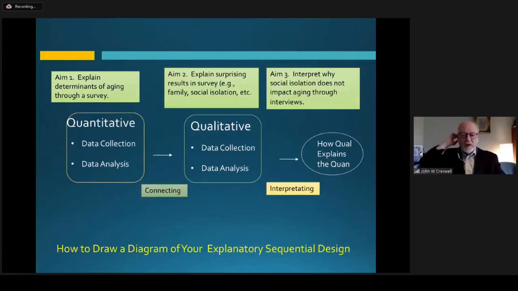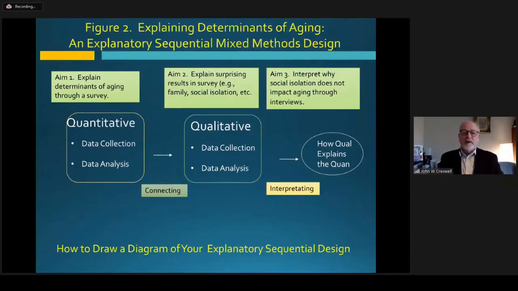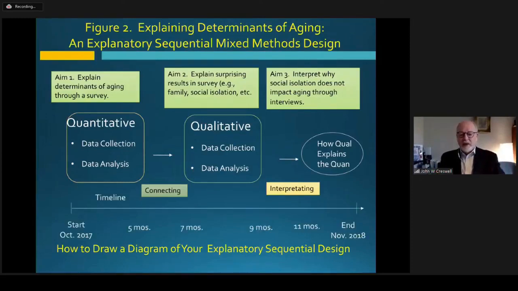Again, we can organize our aims to fit these phases. Quantitative aim, aim 1, a qualitative aim, aim 2, mixed methods aim, aim 3. We can give it a title, your topic plus explanatory sequential design. And we can also, again, give it a timeline for how we're going to be doing this study.